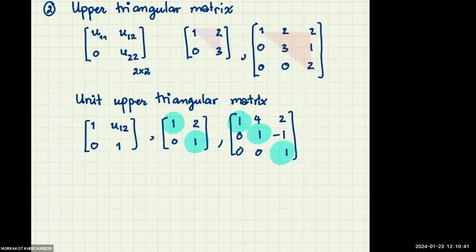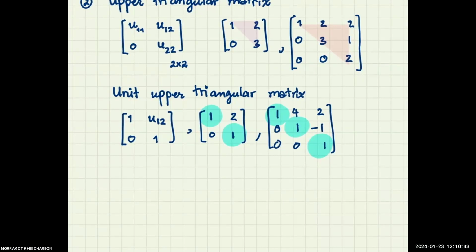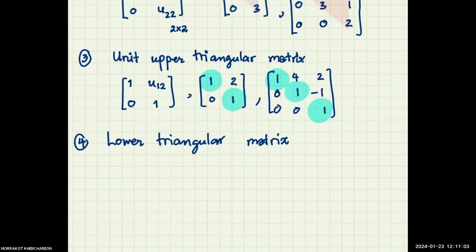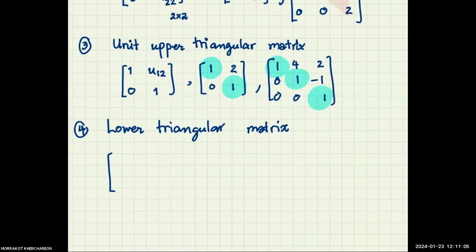Once we have upper, we have the lower triangular matrix. Since I call it lower, I use the elements L11, 0, L21, L22.